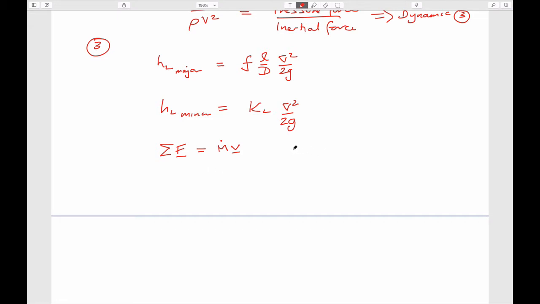If you're looking at just the x direction, then the sum of forces in the x direction is equal to the mass flow rates multiplied by the velocities in the x direction coming out of the system.